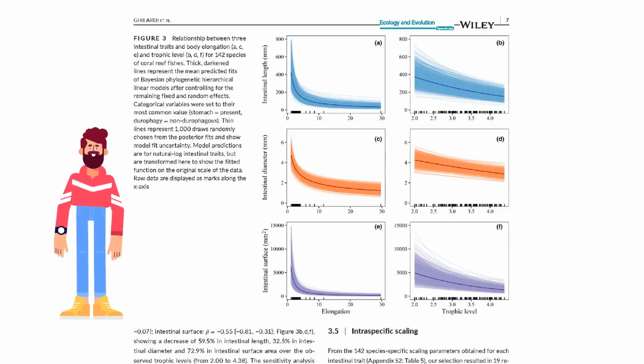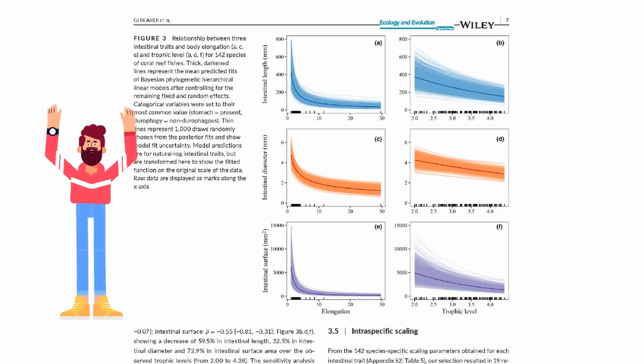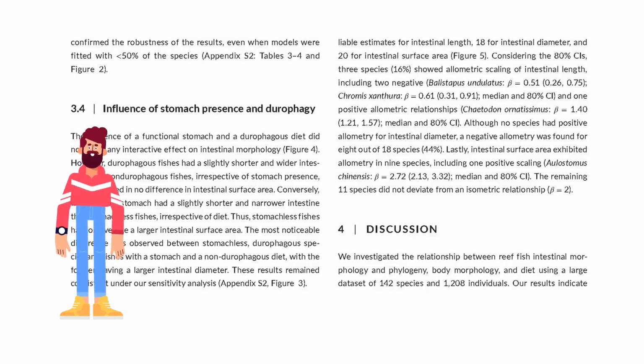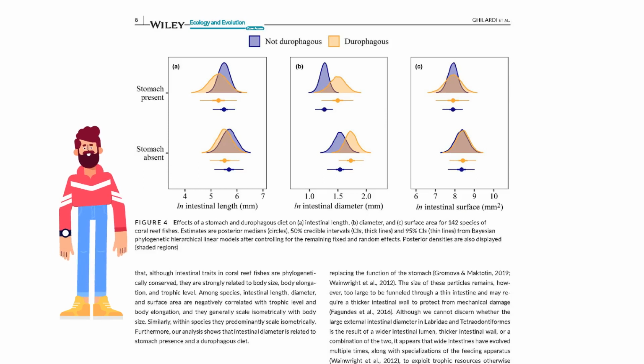Using a large dataset encompassing 142 species across 31 families collected in French Polynesia, the researchers test how phylogeny, body morphology, and diet relate to three intestinal morphological traits: intestinal length, diameter, and surface area.